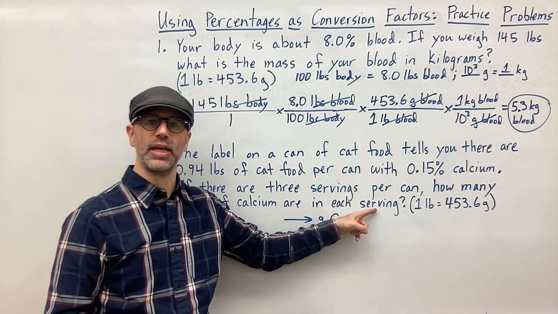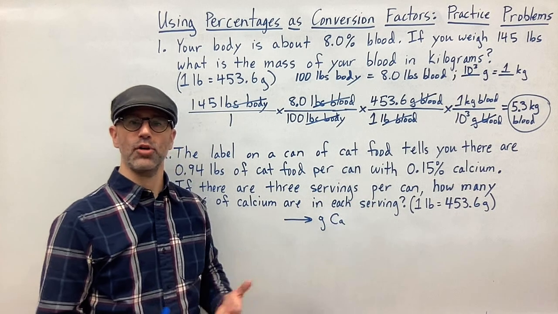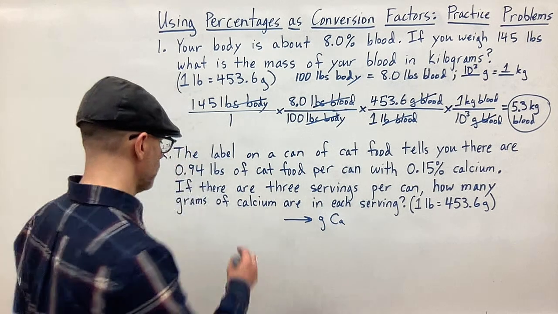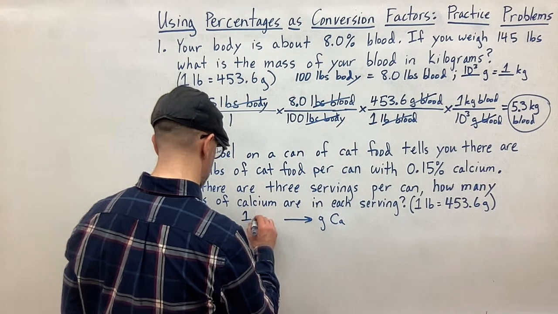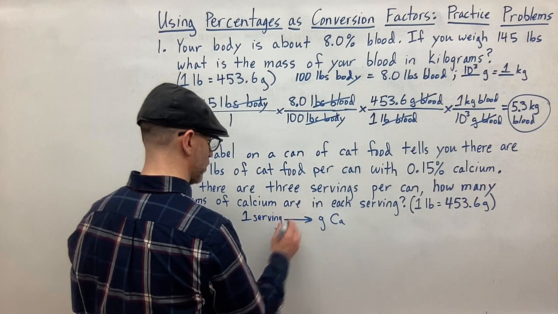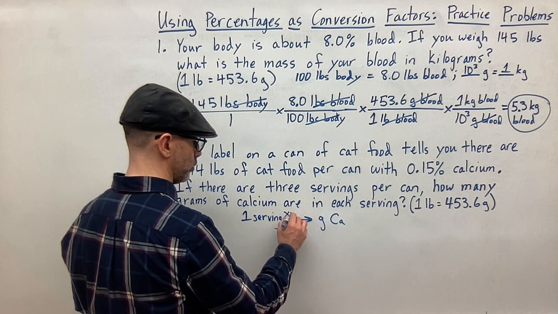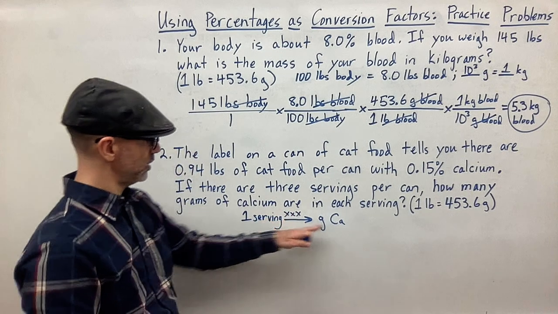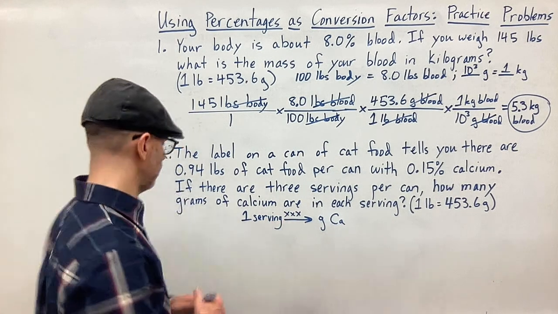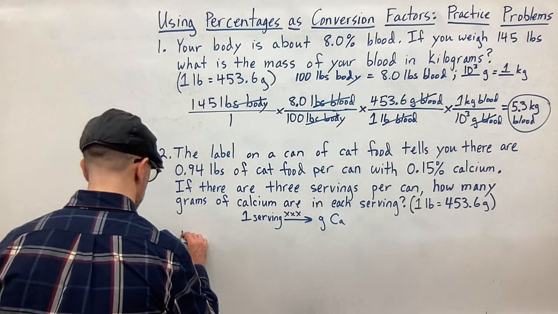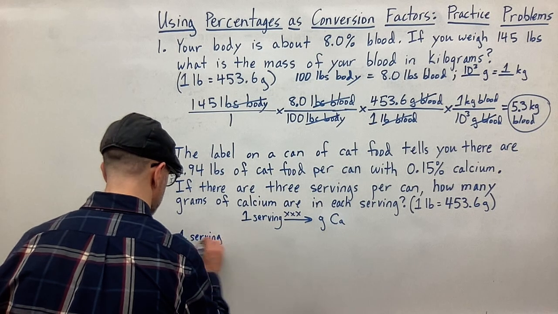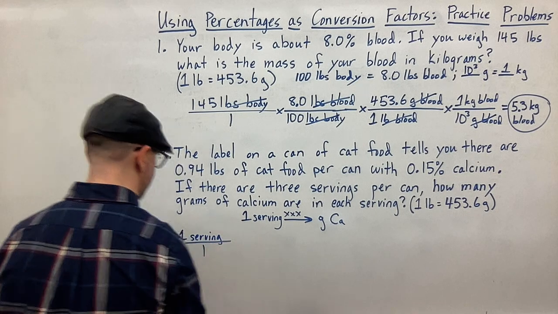So each serving means 1 serving. So I'm going to start with 1 serving, and I'm going to use conversion factors. I'm going to multiply by conversion factors until I get to grams of calcium. So let's begin. I'm going to start with 1 serving, and this is serving of cat food.